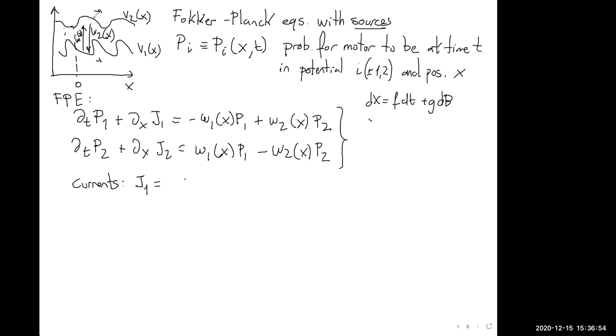Now we have something similar. In each of the potentials, we have one of these equations. So the Fokker-Planck was partial t of P equals minus partial x of j, and j was, okay, I forgot something. Here there is a mu, mobility, it's mobility times force. So this was mu f p minus 1/2 g squared partial x of p. This is what we knew from our stochastic process course.